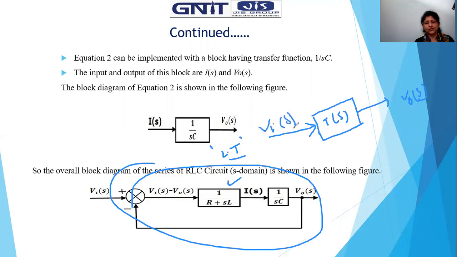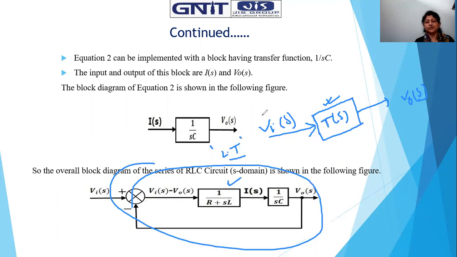We don't know what the internal sub-blocks are, what connections are made. So we are getting only the total transfer function, and there is a mechanism called the block diagram reduction technique. All the blocks will be reduced into a single block, and we will be getting the transfer function that way. It is a very step by step, or you can say elaborate, process that will be discussed in the next class.